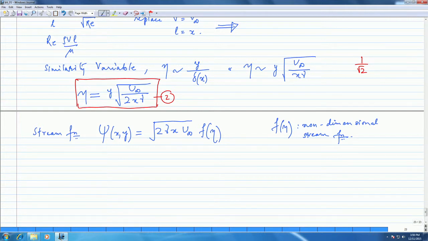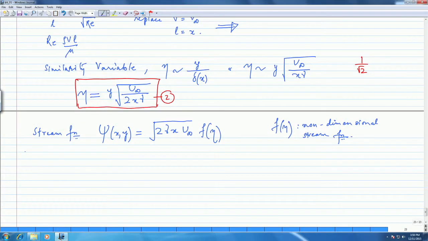So what is the usefulness of the stream function? Well, we can get the velocity from it. In a 2D case, the stream function is basically one function, and by differentiating the same function, you can get the two velocities.